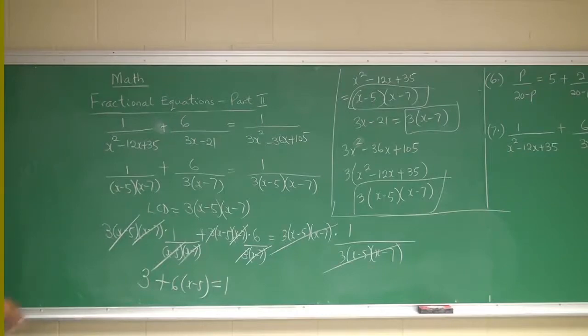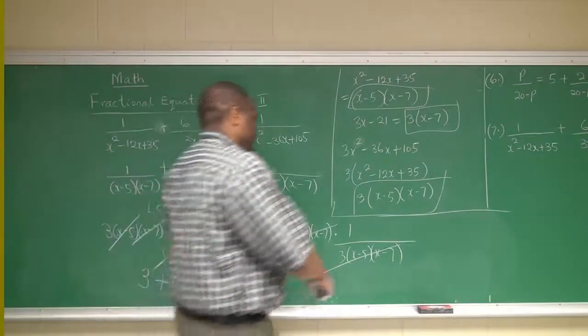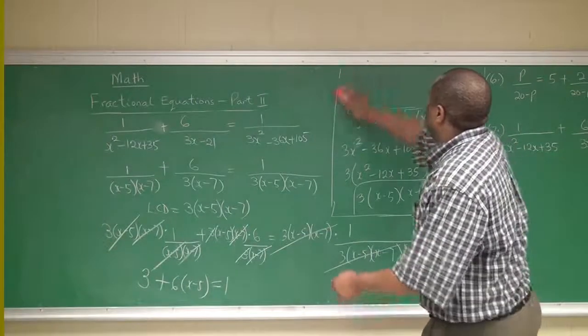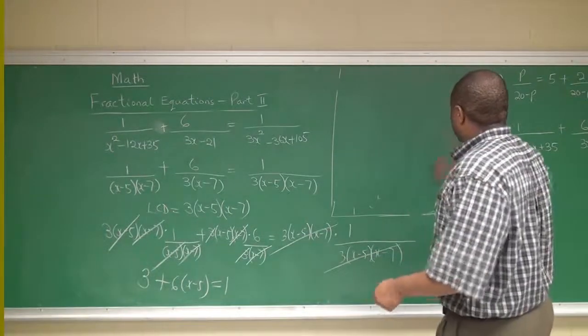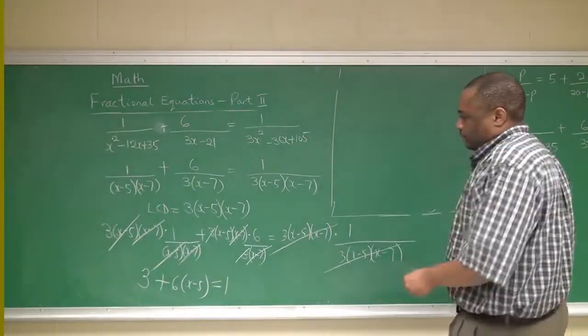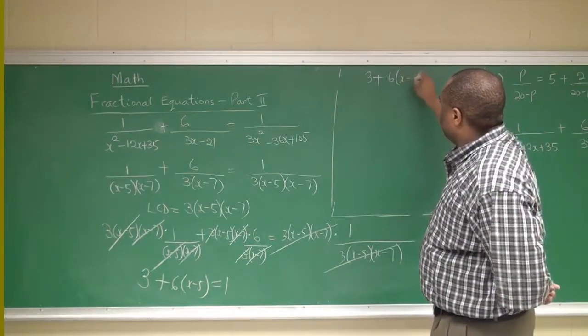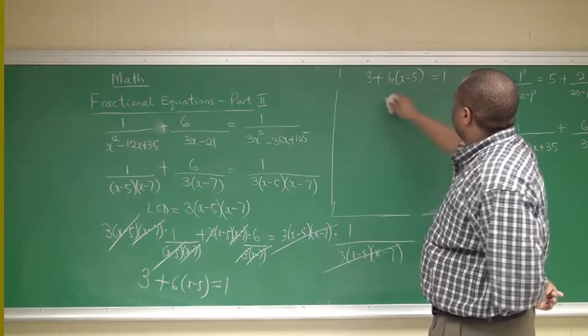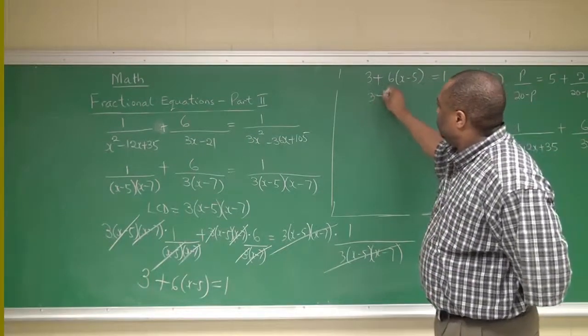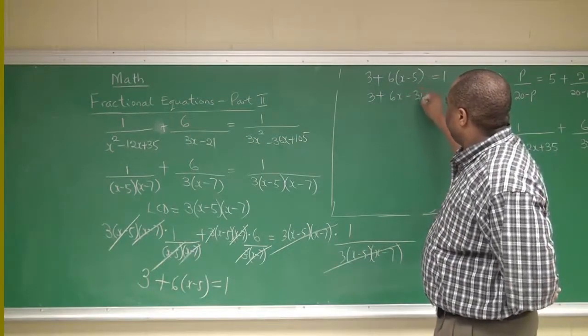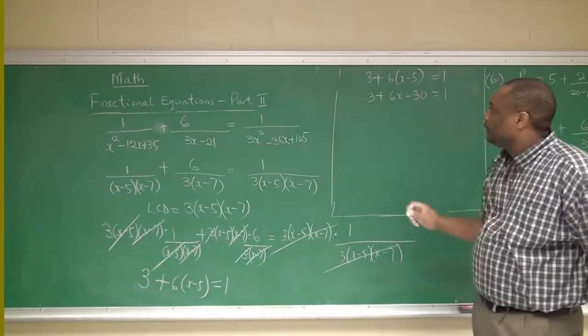Leaving you with 1. So let's finish this up. What do we have now? We have 3 plus 6 into x minus 5 equal to 1. So you distribute, this will give you 3 plus 6x minus 30 equal to 1.